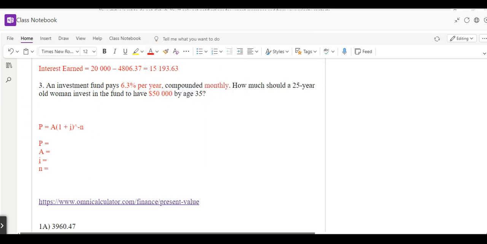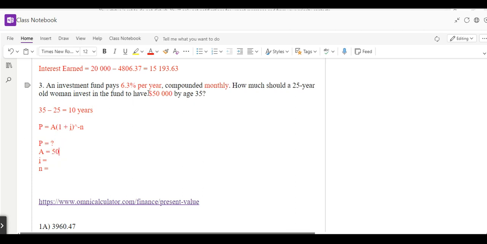So I guess my question to all of you then is, how many years are we talking about here? So if we take our 35 minus 25, that's going to give us 10 years. And so the woman in this case, she's going to invest over a period of 10 years. Okay. She doesn't know how much she needs right now.